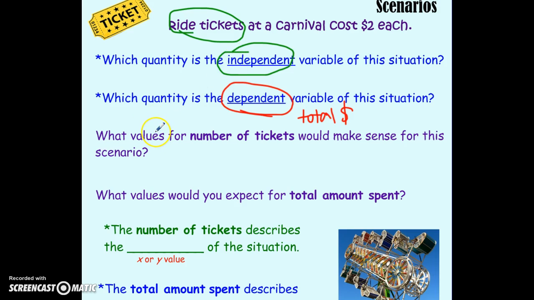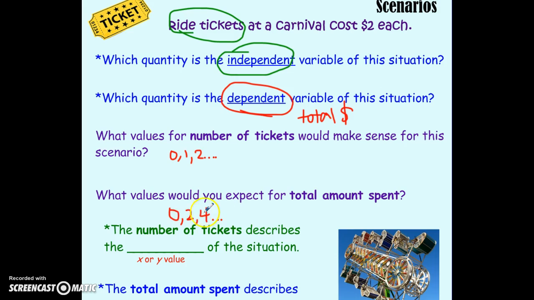The next question, what values for number of tickets would make sense for this scenario? Well, I could buy 0 tickets, 1 ticket, 2 tickets, so on and so forth. It wouldn't make sense to buy negative tickets, and it wouldn't make sense to buy 1.5 tickets. So these whole numbers are kind of what I expect. For a total amount spent, 0, $2, $4, these even numbers because of each one being $2.